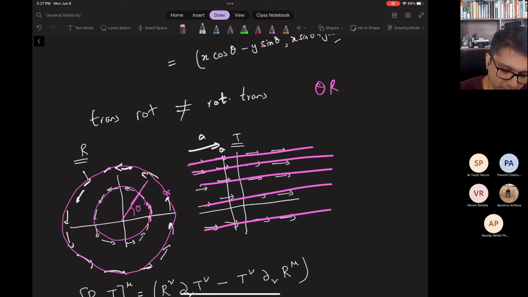Any point that I first rotate and then translate is not the same as first translating this point and then rotating it. There's a failure of closure of this parallel.